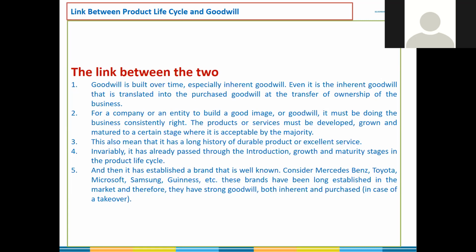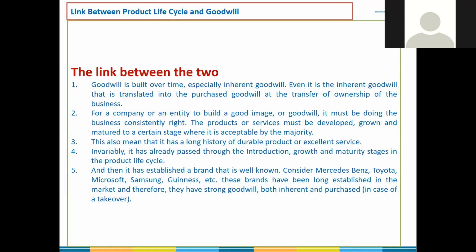So I gave the example of vehicles. Consider Mercedes-Benz, Toyota, Microsoft, Samsung, Guinness, etc. These brands have been long established in the market and therefore they have strong goodwill, both inherent and purchased in case of any takeover.